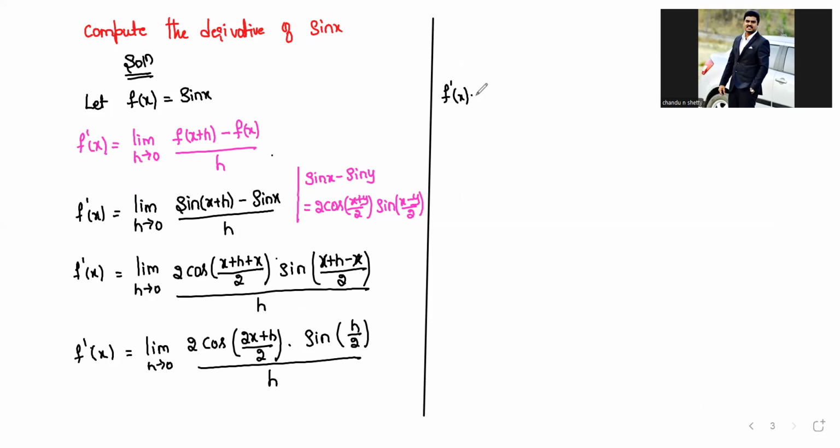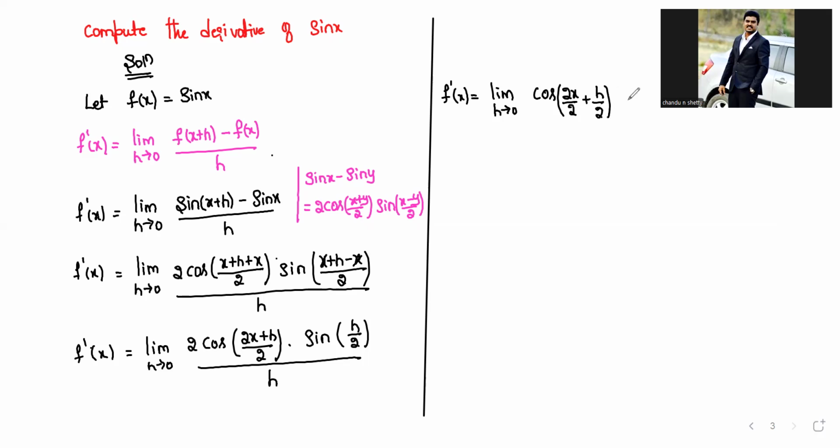f dash of x equal to limit h tending to 0. So here, cos of 2x by 2, the 2 cancels. I will write it here, all the steps, you can do it directly later. So 2x by 2 and again h by 2.